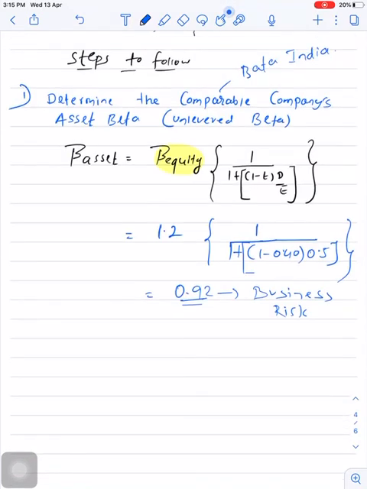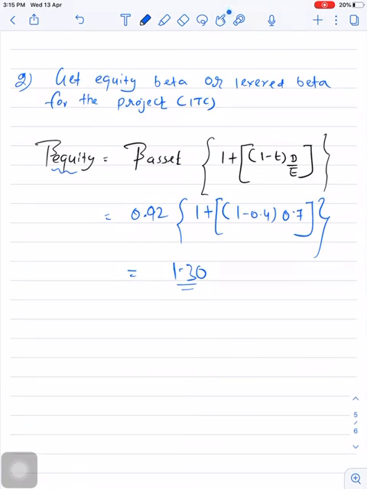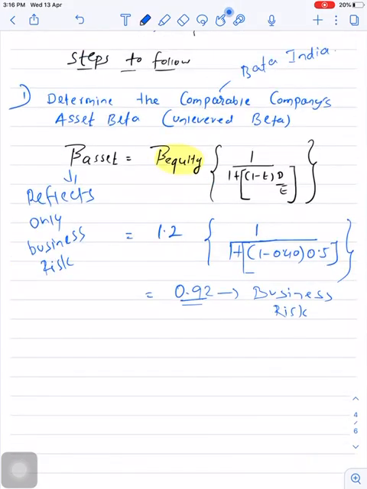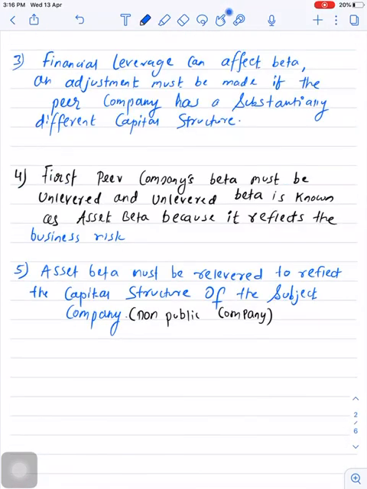So asset beta reflects only business risk. First find the business risk, then re-lever it for the non-public company as per its capital structure, and then you will get the equity beta. Equity beta reflects both business risk and financial risk. I hope you got the logic of why we are doing this adjustment: because financial leverage can affect beta.